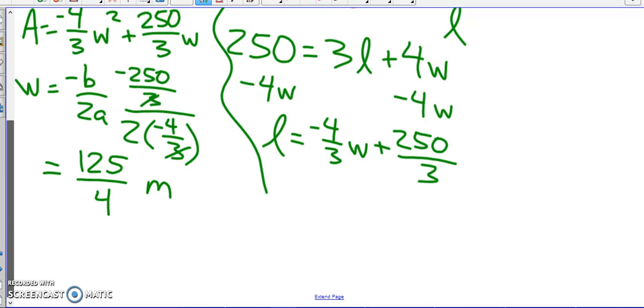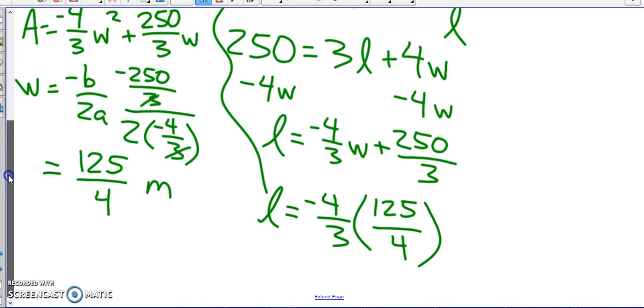At that point, what would I need to find? Length. So negative 4 over 3 times 125 over 4 plus 250 over 3. The 4's cancel.